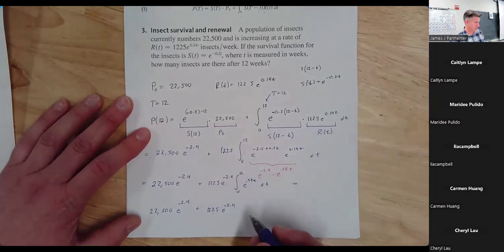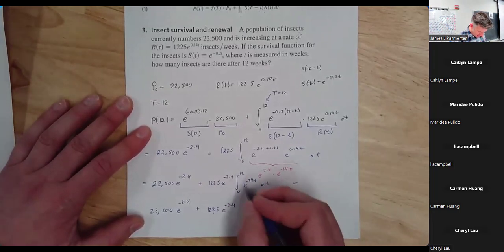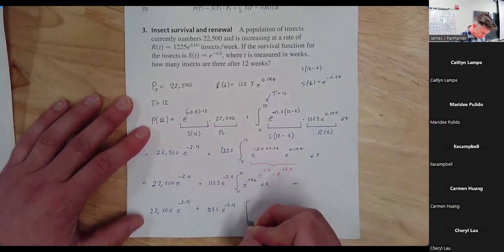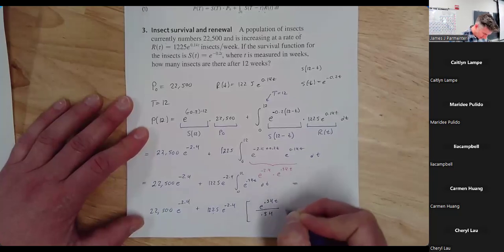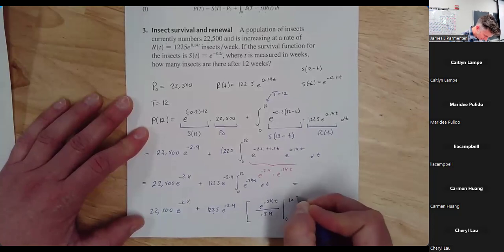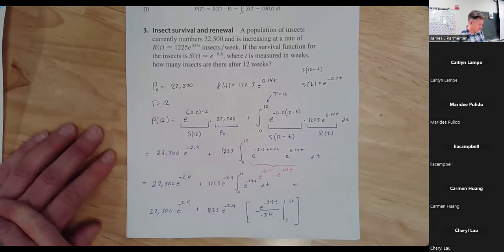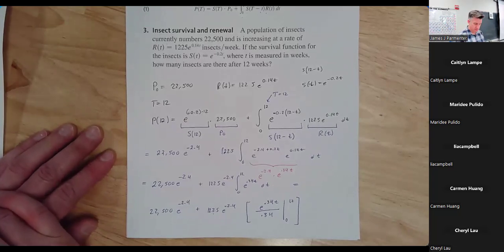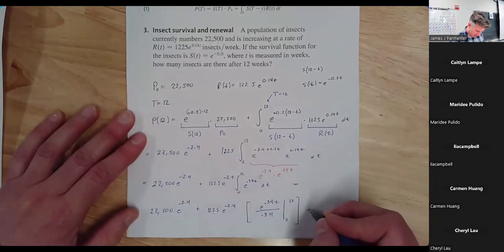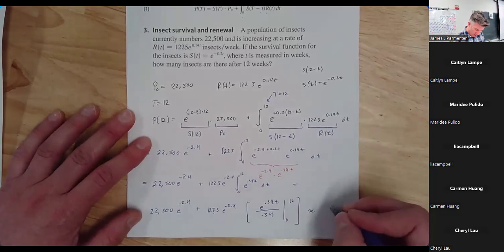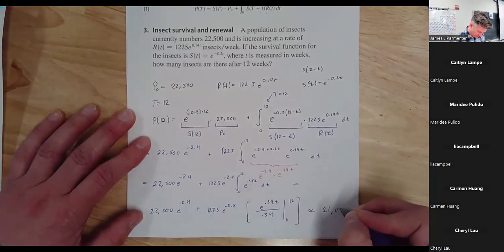And then the integral of this is going to be e to the positive 0.34 t divided by 0.34, evaluated from 0 to 12. Which ends up being, if you plug it all into a calculator, approximately 21,046 insects.